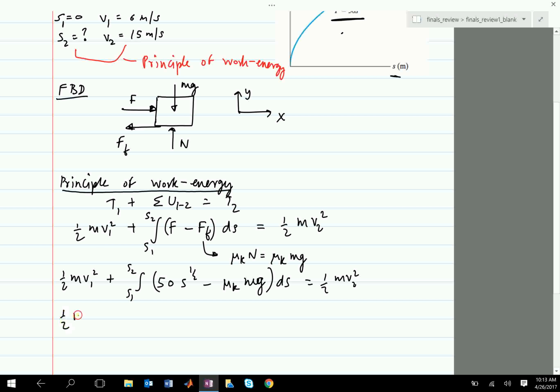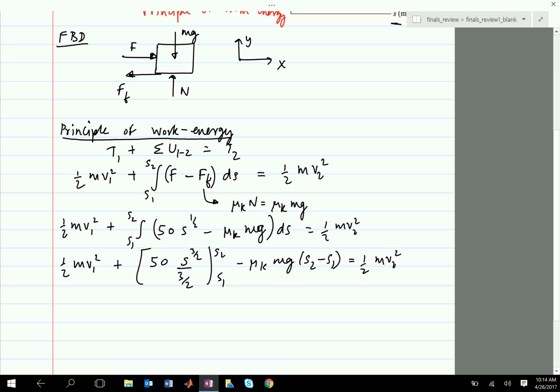Okay, which is half mv1 squared plus 50 times the integral of s to the half, which is s to the 3 halves divided by 3 halves, from s1 to s2, minus mu k mg times s2 minus s1 equals half mv2 squared.